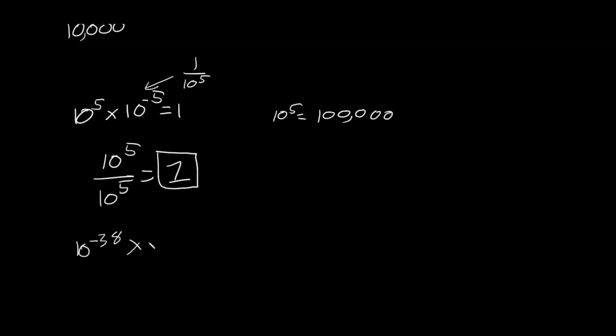We can see that 10 to the 5th is equal to 100,000. So 100,000 divided by 100,000 is just going to be equal to 1, and this will be true for any powers of 10 as long as they're the same. So I mean, we could have 10 to the negative 38th power times 10 to the 38th power, and it's going to be the same thing. This is just going to be equal to 1, and we are done.